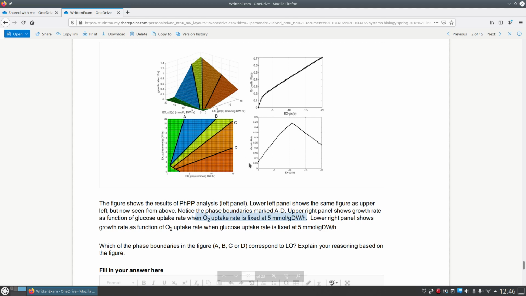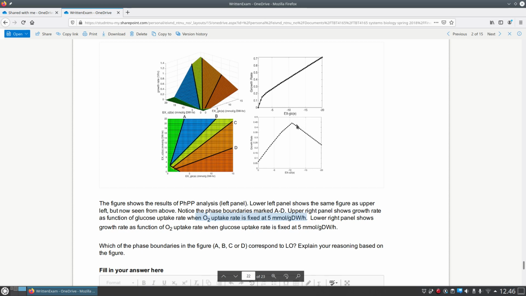And if we look at our bottom right plot here, since the line of optimality is where the level of oxygen uptake gives the highest growth for a given uptake of carbon, then this summit here is on the line of optimality.